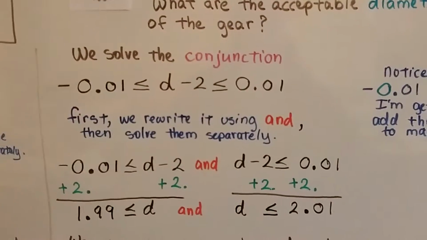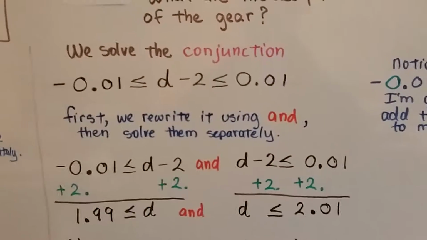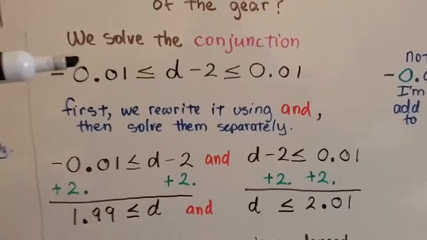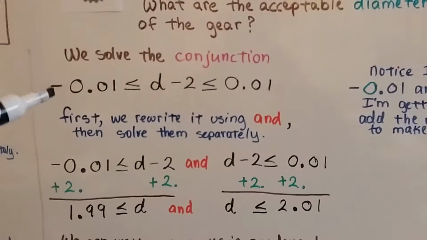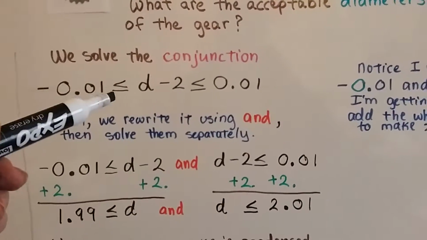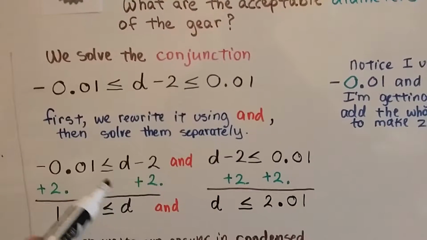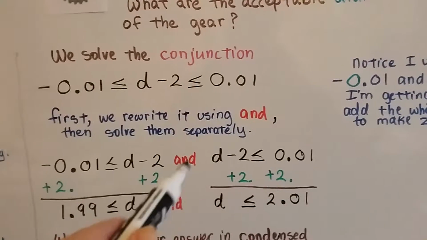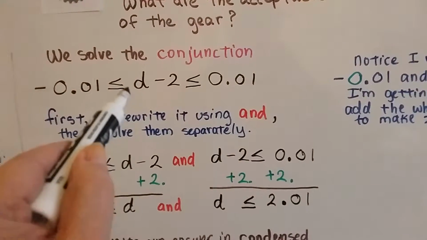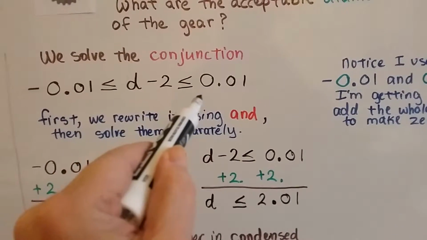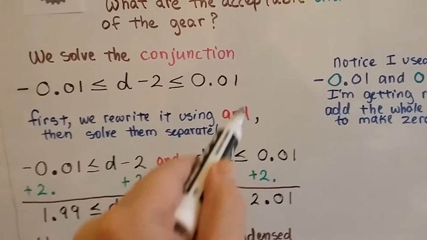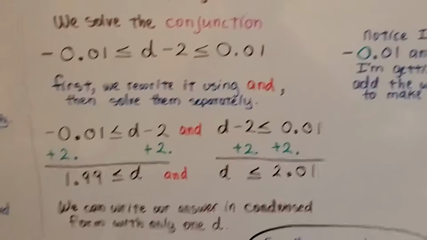So first we rewrite it using and, then solve them separately. So we take this side, negative 0.01 is less than or equal to d minus 2, as our first one. We write and, then we repeat the d minus 2 and put less than or equal to 0.01 for the second one, see?